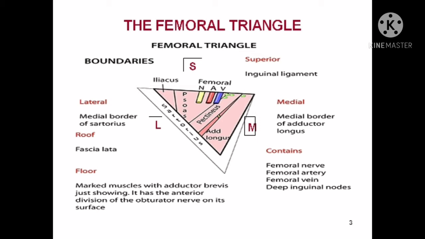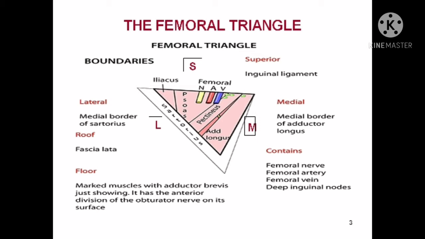The medial border is formed by the medial border of the adductor longus muscle. The lateral border is formed by the sartorius muscle. The roof is formed by the fascia lata, the deep fascia of the thigh region. The contents are the femoral nerve, the femoral artery, the femoral vein, and the deep inguinal lymph nodes.